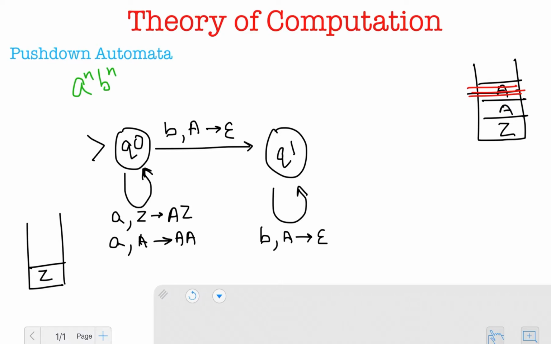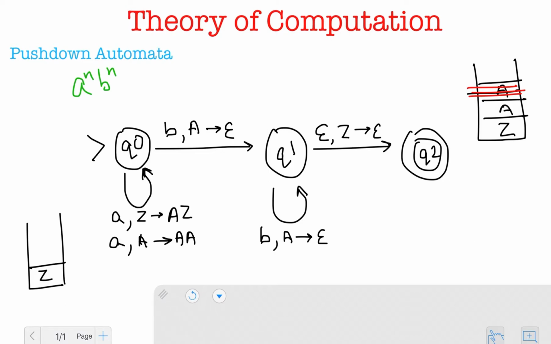So this is my self loop for Q1. And next, if the input from the string is an epsilon, and the top of my stack is Z, that will go to epsilon, and this will take me to my final state, which is Q2.